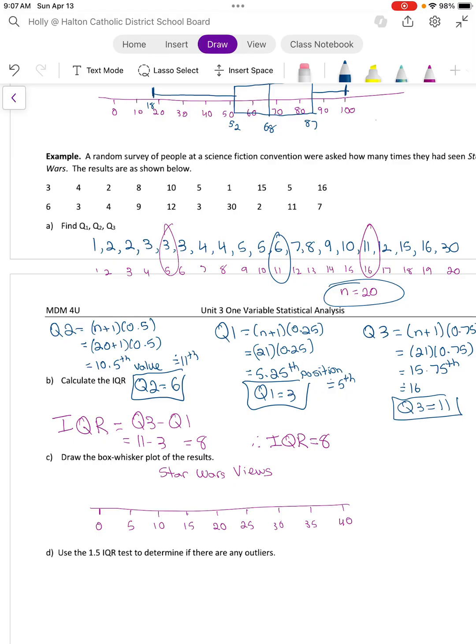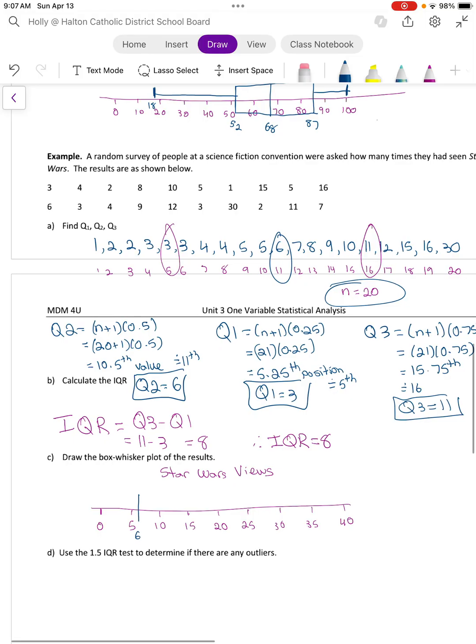My Q2 is 6, my Q1 is 3, my Q3 is 11. So I can draw Q2 at 6. My Q1 is at 3. Q3 is at 11.